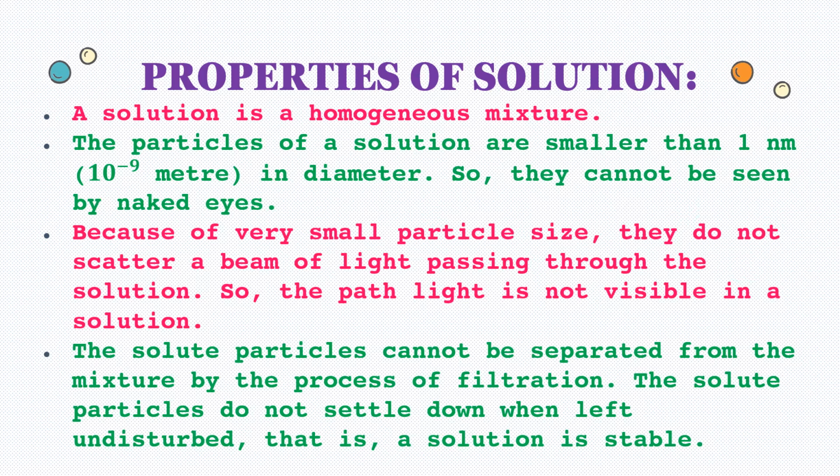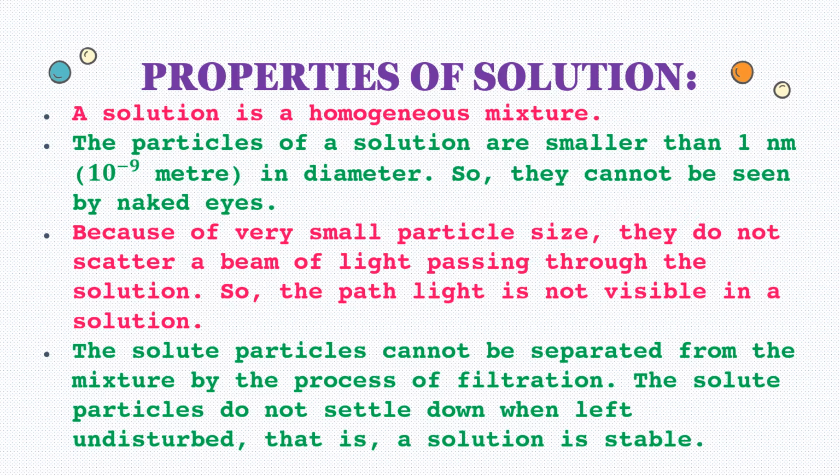The next one is that the particles of a solution are smaller than 1 nanometer, that is, in terms of meter, 10 to the power minus 9 meter in diameter. This means that the particles can't be seen with the naked eye. So this is the second property.